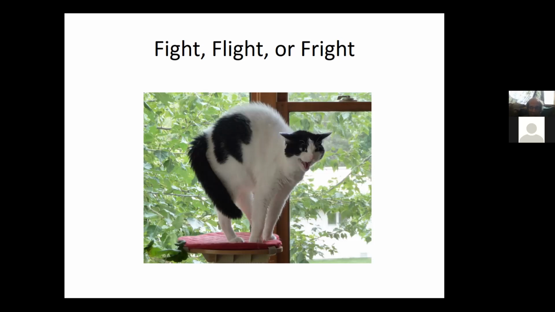So, the sympathetic system does not directly regulate skeletal muscle. That's a non-autonomic function, but it does regulate blood supply to skeletal muscle. So in this slide that we're seeing here of Francis, very likely blood is as rapidly as possible moving away from his periphery and toward his skeletal muscle anatomy, so that he can use that skeletal muscle to fight.